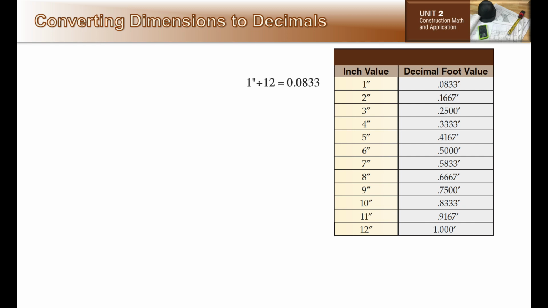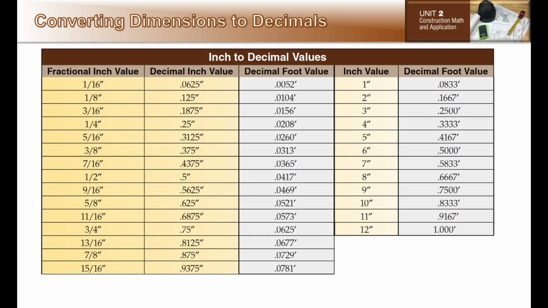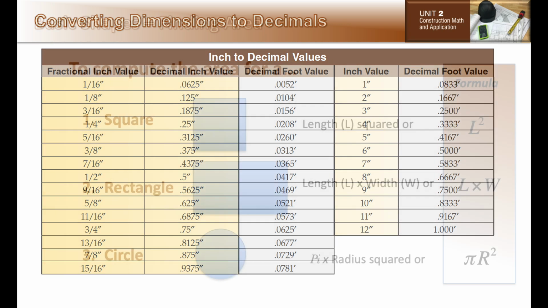For example, 1 divided by 12 is 0.0833 feet. 4 divided by 12 is 0.3333 feet, and 8 divided by 12 is 0.6667 feet. This table shows all the inch values converted to decimal feet. And finally, the entire table from the textbook.